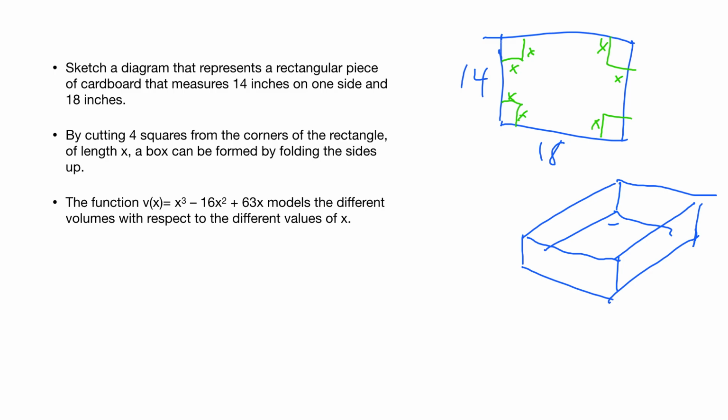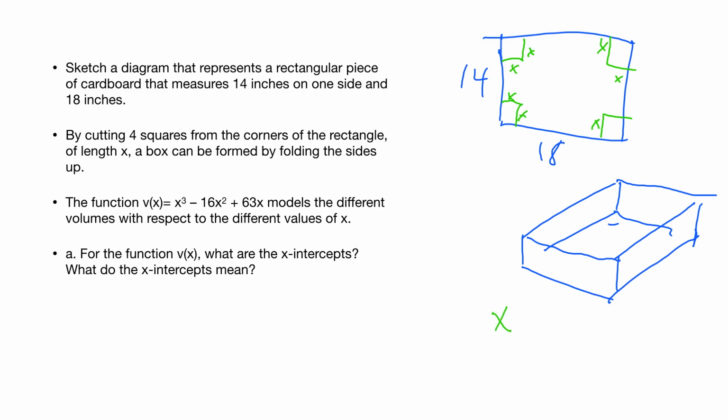Now, the function v of x equals x cubed minus 16x squared plus 63x models the different volumes with respect to the different values of x. So what we're going to do is we're going to factor that out to find our zeros. So first thing I can do is the greatest common factor of x times, in this case, x squared minus 16x, not squared, plus 63. Now my factors of 63, to be honest, there are a lot of them, but the first ones I would come up with are 7 and 9, and guess what?